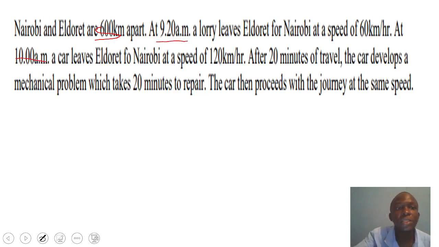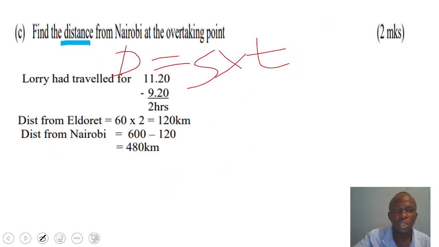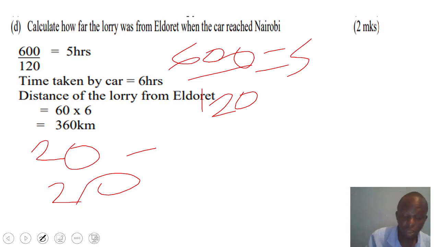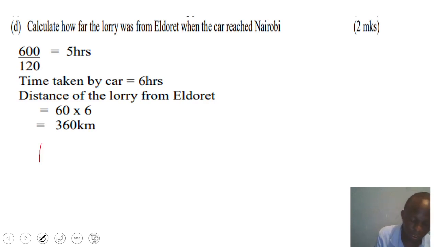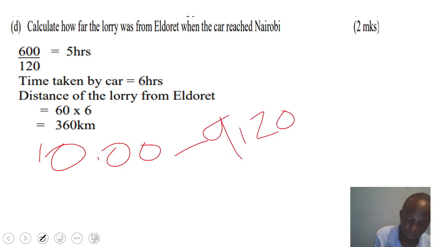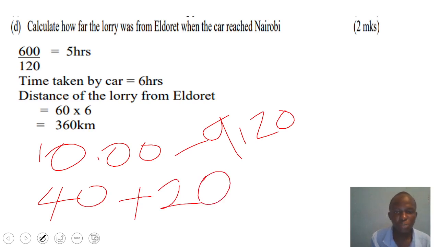So 10 minus 9:20 is 40 minutes. 40 minutes plus the 20 minutes that the car delayed is 60 minutes, or 1 hour.